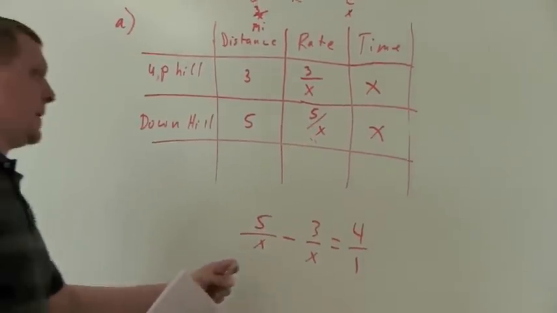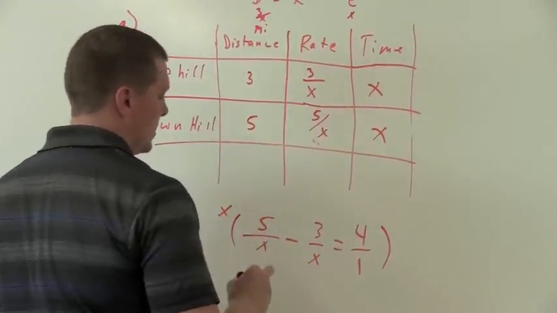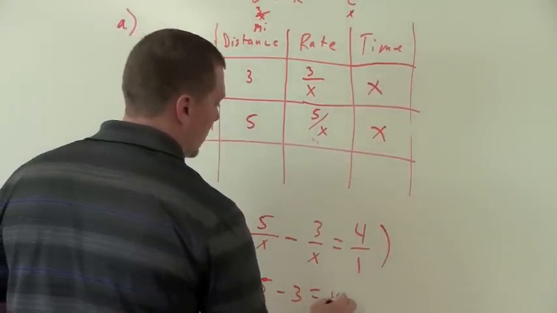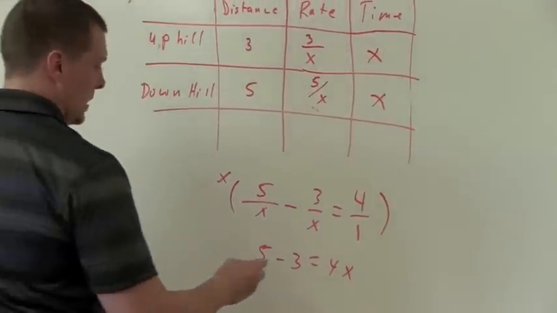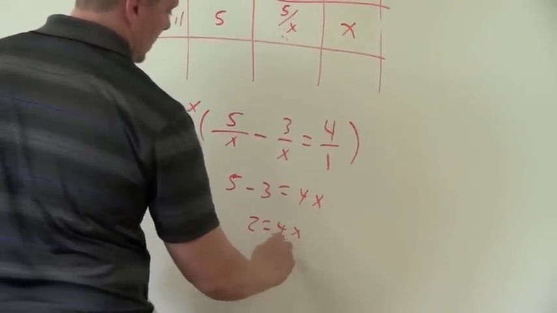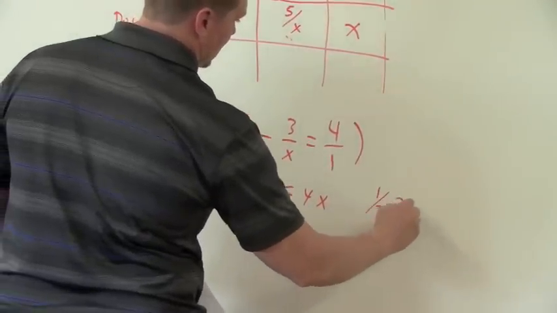My common denominator would be x, so 5 minus 3 equals 4x. That is 2 equals 4x. Divide by 4, and I get 1/2 is equal to x.